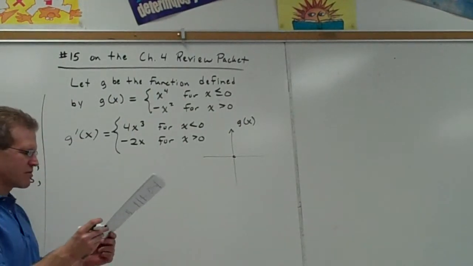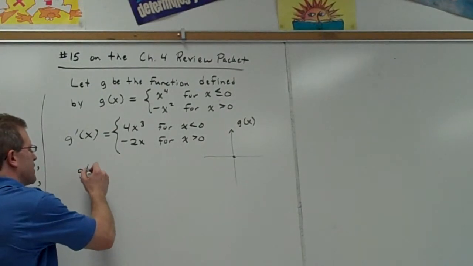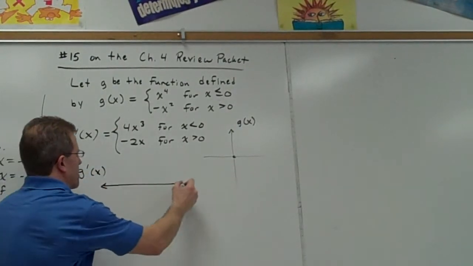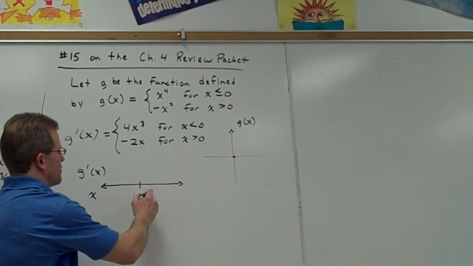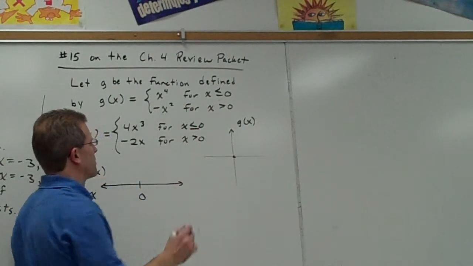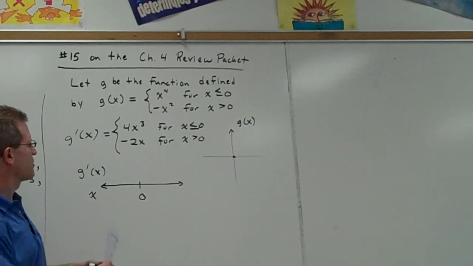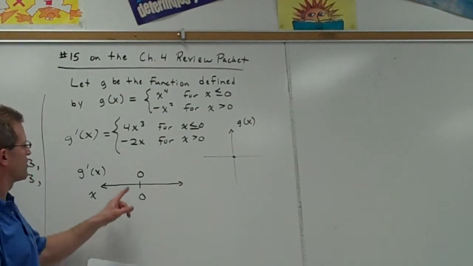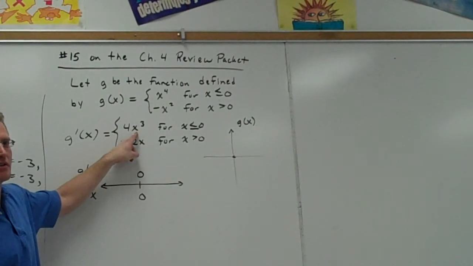Part C, g prime of x is less than 0 when x is not equal to 0. Let's check that out by making a number line chart. 0 is kind of a special number because that's where we switch domains. I can put an equal bar there now since I found that answer. If you put a number in smaller than 0 into the derivative, like a negative 4, what type of answer would you get?